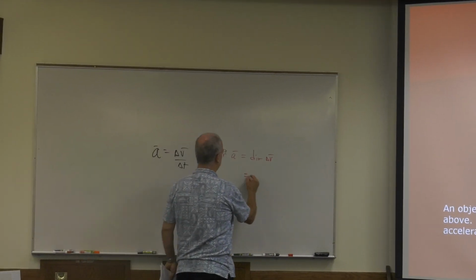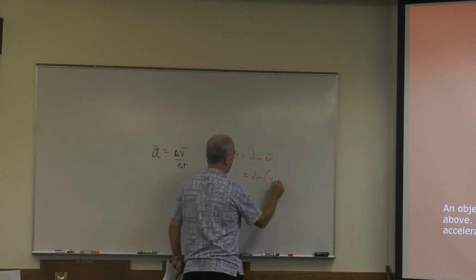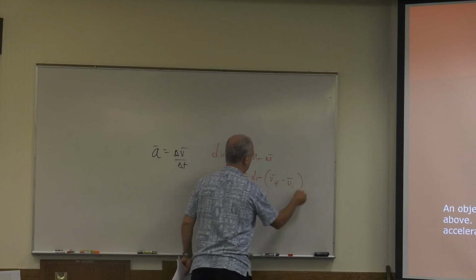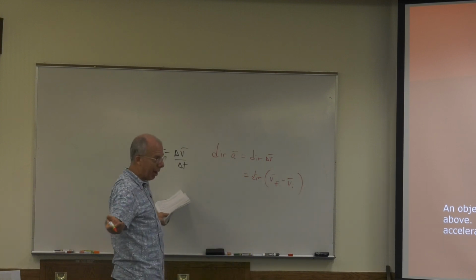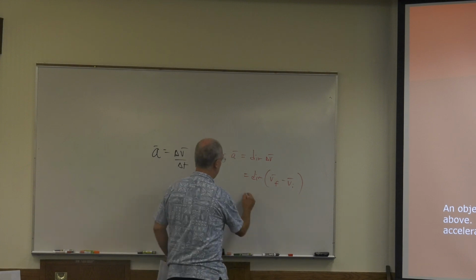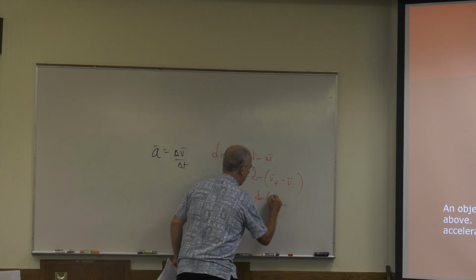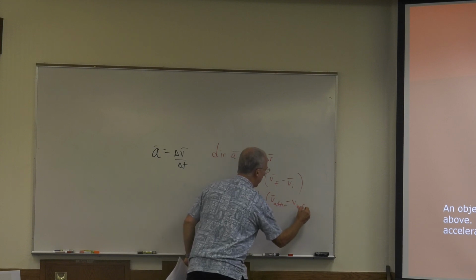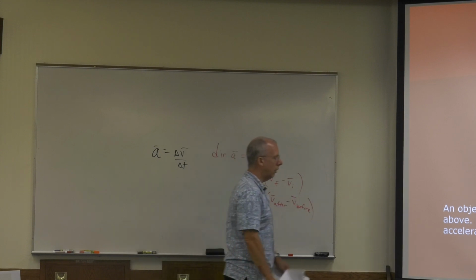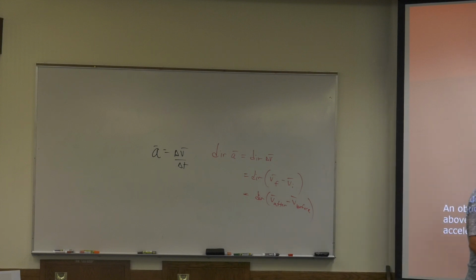And of course, delta V is V final minus V initial. You can say that this is the direction of V after minus V before. Remember we did that? And so this is V before, this is V after.